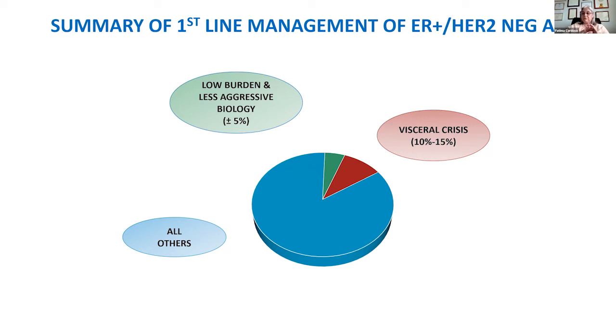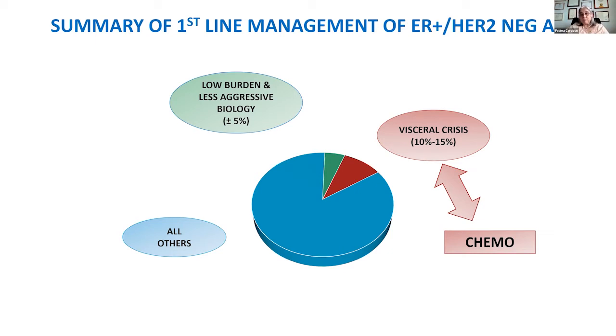So in your first treatment decision, there will be a small group of patients that would have this visceral crisis. And for those, we still consider chemotherapy. Perhaps there is a small group of patients, let's say patients with oligometastatic disease or very low burden of disease that were for a long period of time without disease after the early breast cancer diagnosis.